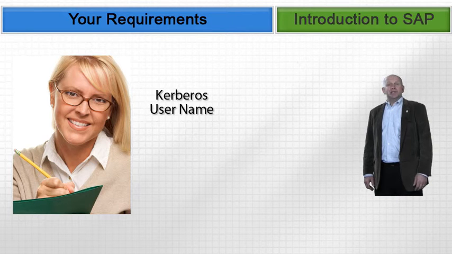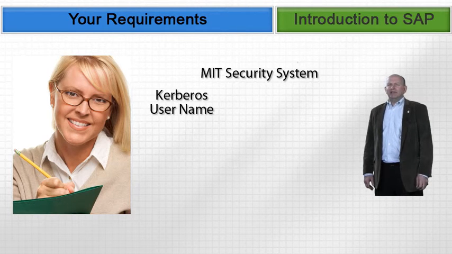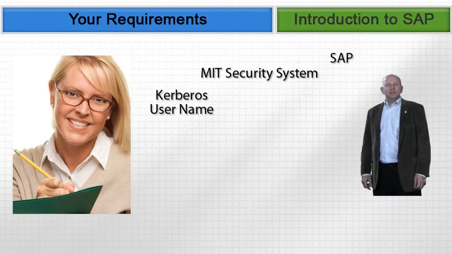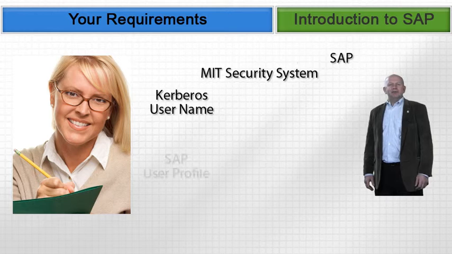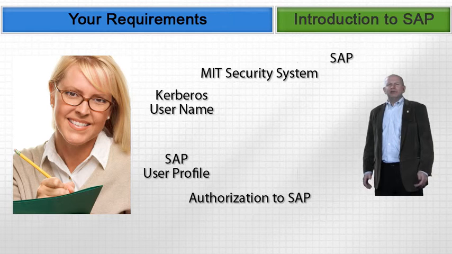This is not unique to SAP, but it identifies you to the MIT security system, which in turn grants permission to use SAP and many other applications at MIT. Specifically for SAP, you will require an SAP user profile. This is created automatically for each MIT user and will reflect the authorization to SAP that your department has requested for your role.